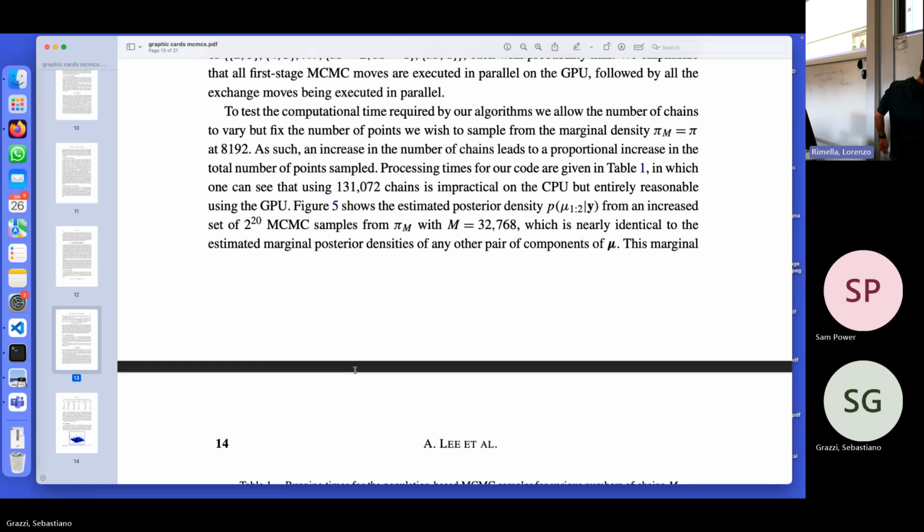The second algorithm is similar in a way. This is an SMC sampler, where we again define an approximation of our target by one over n.